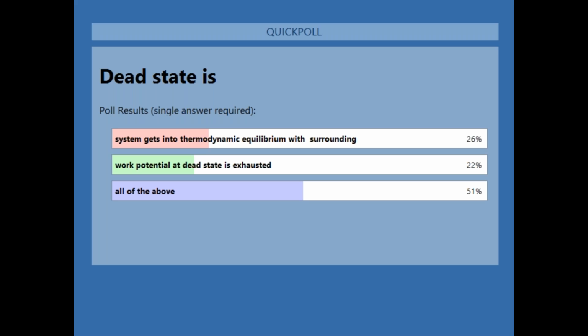Okay. As you see on the screen, the correct answer is all of the above, and more than 50% of the students have correctly answered this. Let me go to the third question. I'm hiding this poll and going to the third question now.